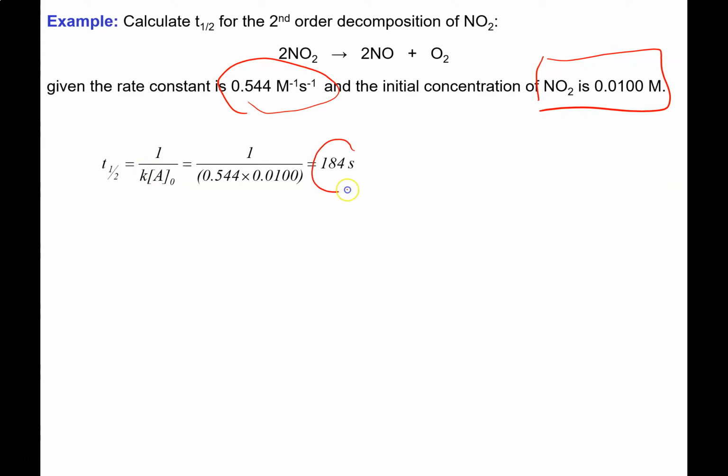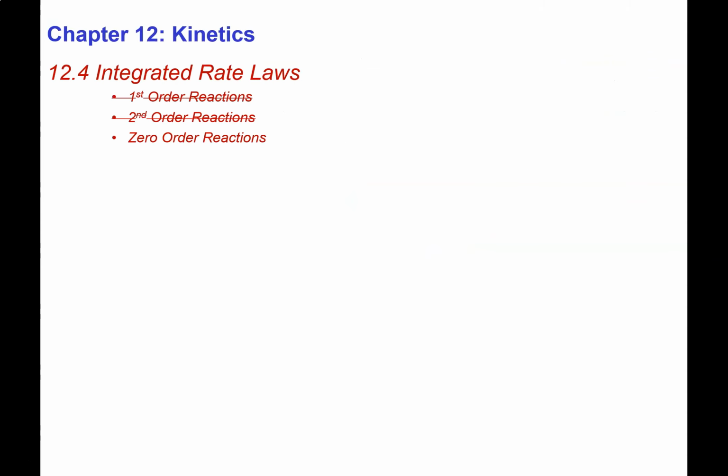I didn't even do dimensional analysis here. 184 seconds. It's just simply applying the formula. But what's interesting is if we were to calculate the next half-life, when the concentration was 0.005, it would be greater than 184 seconds.